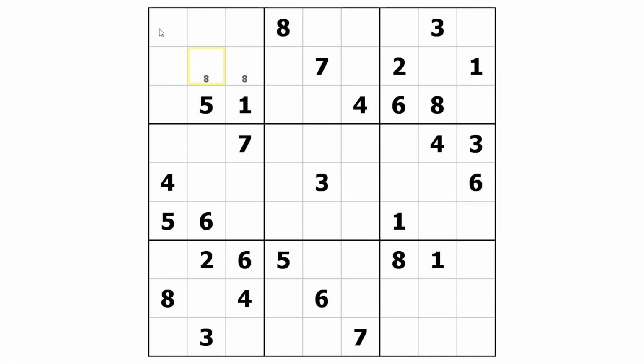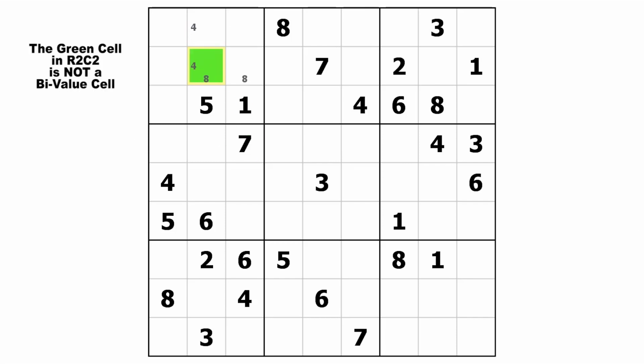Notice that there is an 8 up here in row 1, and there is an 8 in row 3, and there is also an 8 in column 1. So these are the only 2 cells in block 1 which can contain an 8. And then if we look at the 4s, we can see there is a 4 in column 1, a 4 in column 3, and there's a 4 in row 3. So that means these 2 cells are the only 2 cells in block 1 that can contain a 4, and we might fill them in just like that.